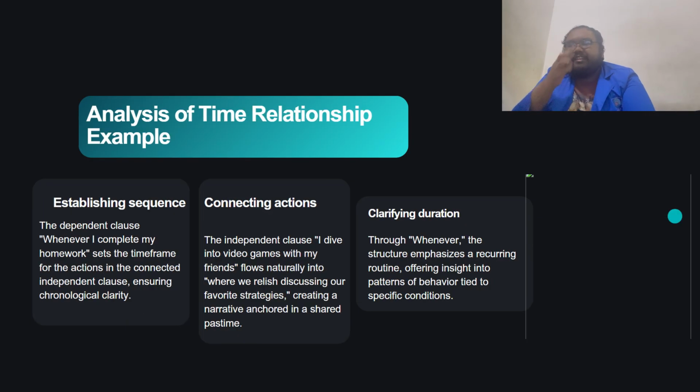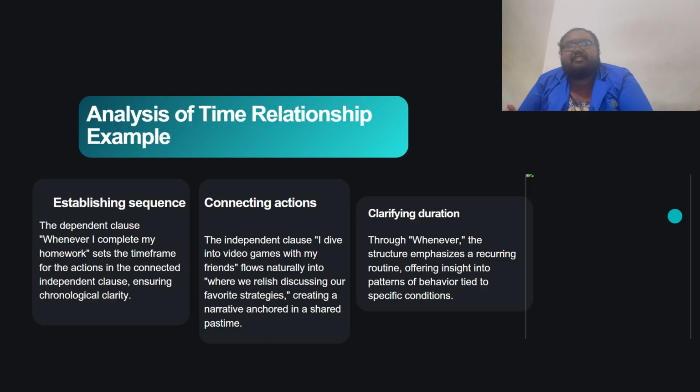Okay, the analysis of time relationship example. Establishing sequence. The dependent clause whenever I complete my homework sets the time frame for the action in the connected independent clause, ensuring chronological clarity.